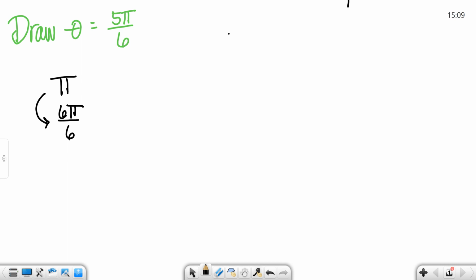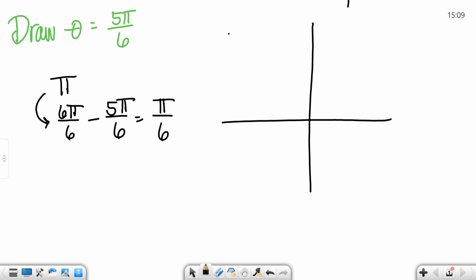If I have 6 pi over 6 and I subtract 5 pi over 6 from it, then that tells me where it's going to be located. If I go pi, then I go all the way to there. That would be pi, which is not what I've been asked to draw. Well, if I subtract this 5 pi over 6, then that puts me at pi over 6.